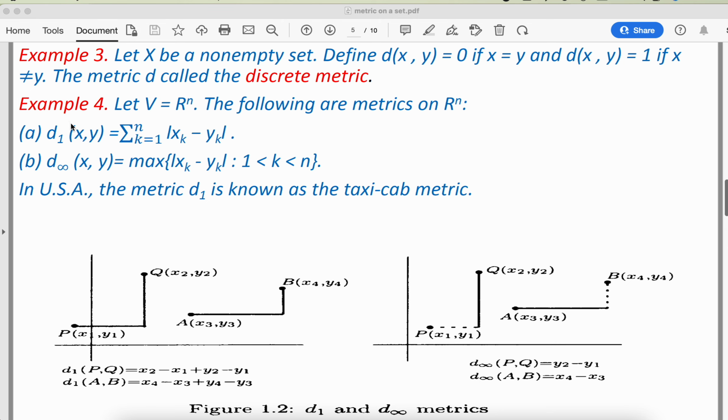If we draw the graph of this metric, suppose this is a point (x1, y1) and this is a point (x2, y2).